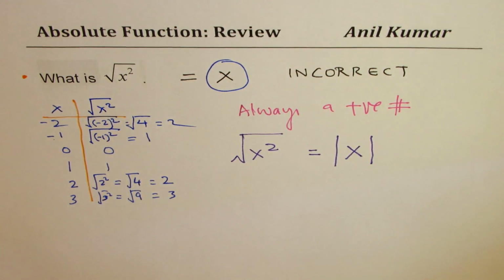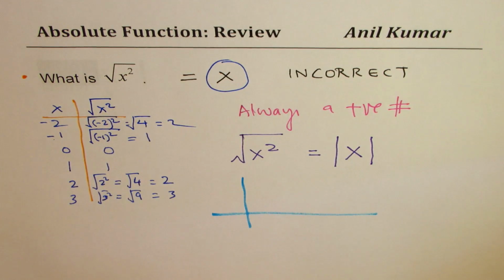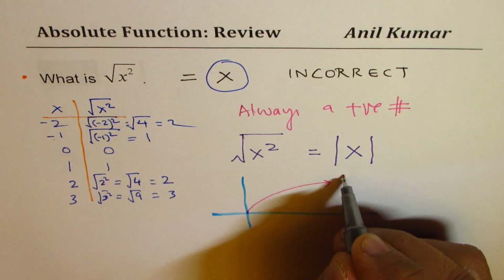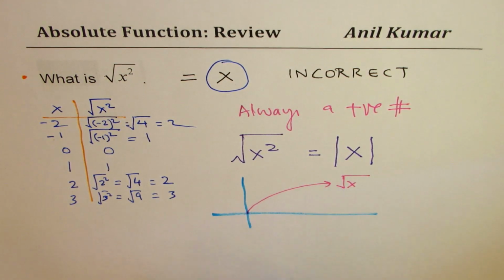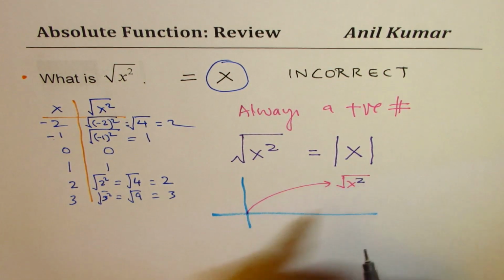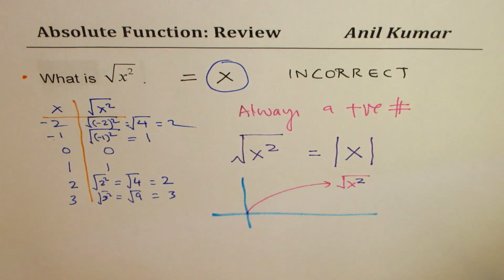Does it make sense? Well, some students could actually see it the other way. They're good at arts, right? So what do you see? This is square root of x. Do you see that? Always positive. If I do that, then I should get all positive values, no?